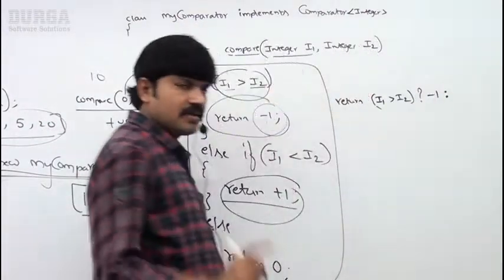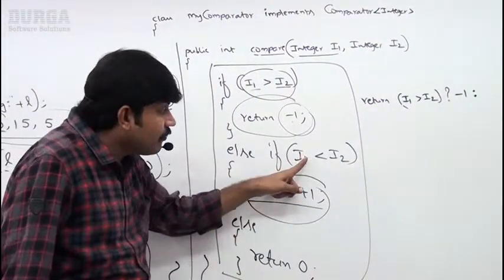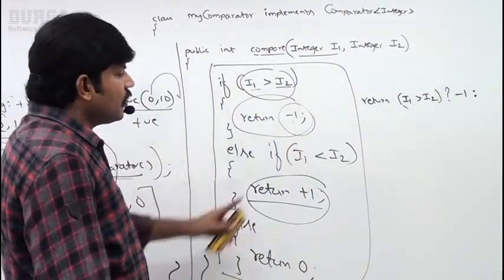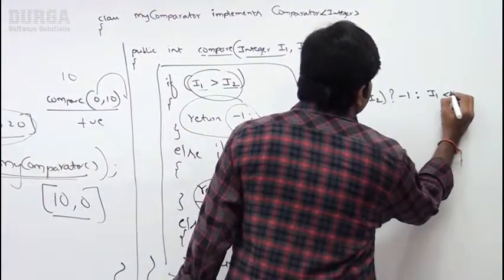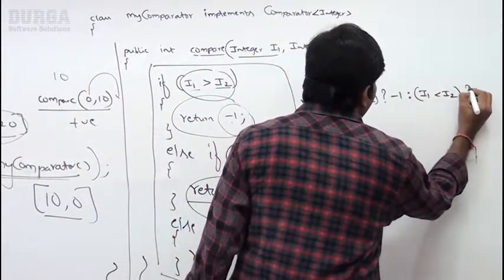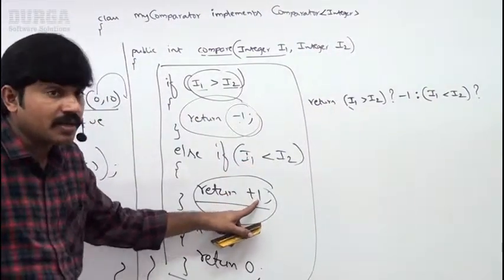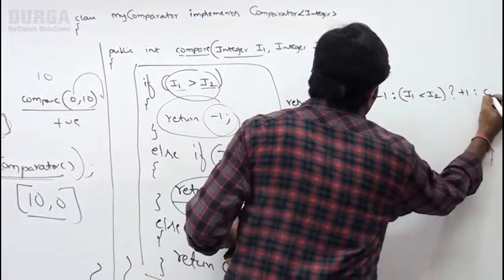Colon, else, meaning the condition I1 less than I2. If I1 is less than I2, question mark. If this condition is satisfied, what do I have to return? +1. Else, return 0.